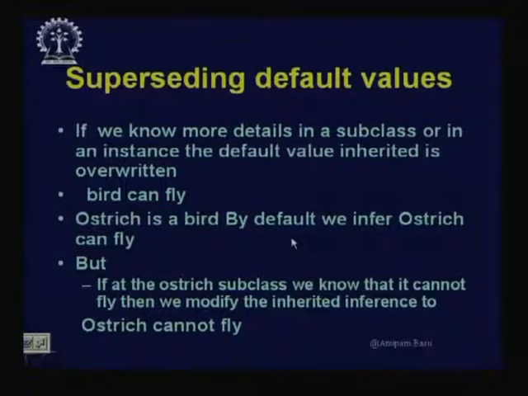We made an inference here, but as we came to know more facts about the ostrich, we could override that. Now, these default values can be overwritten, but generic values cannot be overwritten.